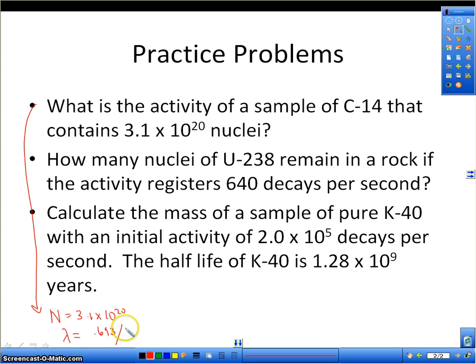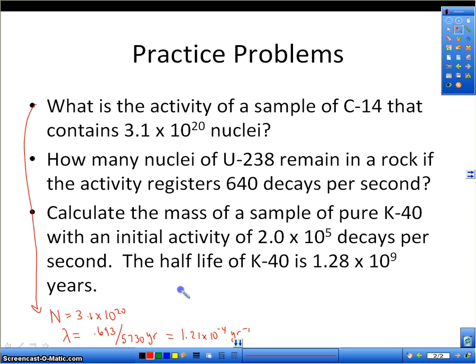And its half-life is 5,730 years. So that gives you a decay constant of 1.21 times 10 to the minus 4th inverse years.